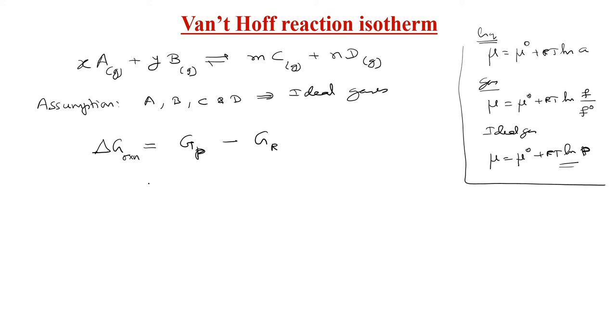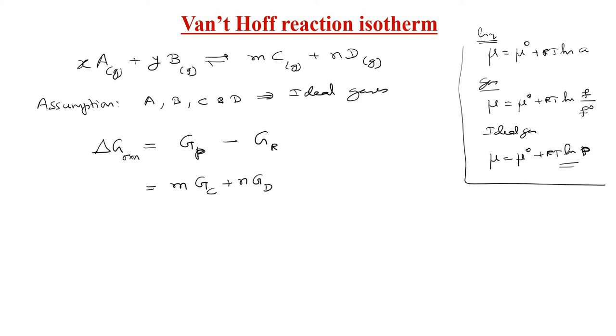In the product side we have two products here, C and D. So the stoichiometric number M into free energy of the product C plus N into free energy of the product D.